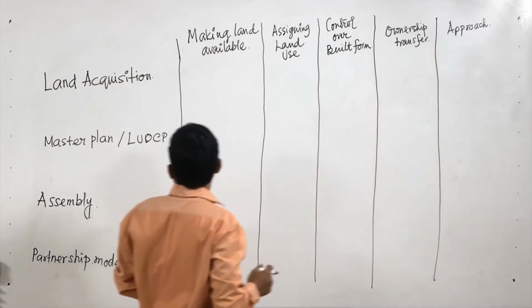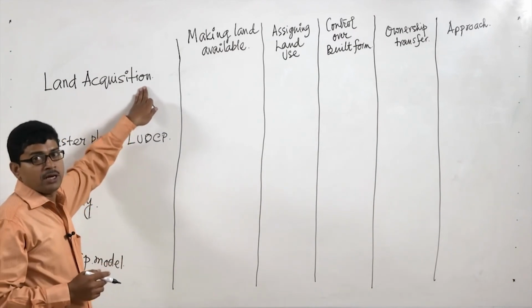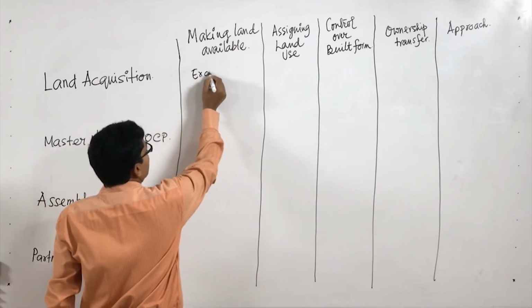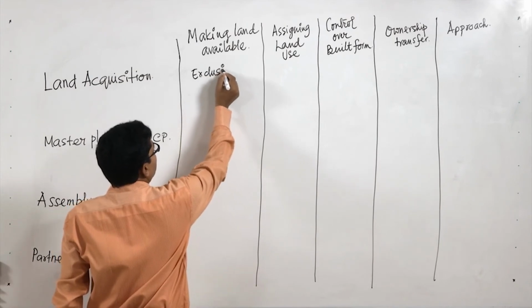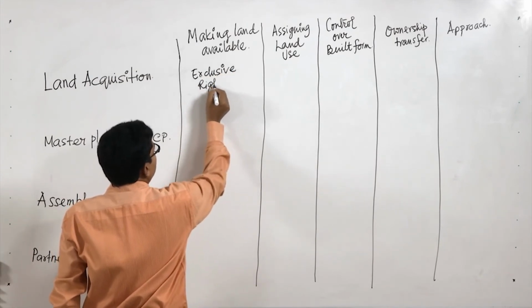Now, in the first category, land acquisition, the land acquisition is done using the exclusive right of the government.